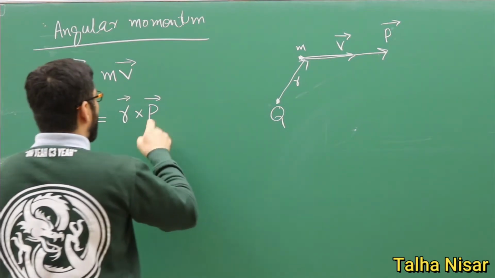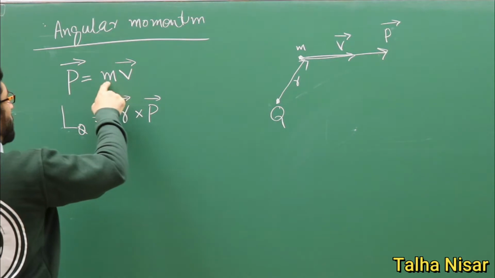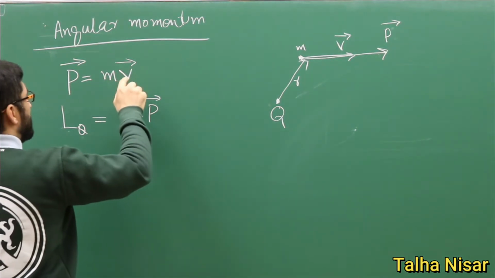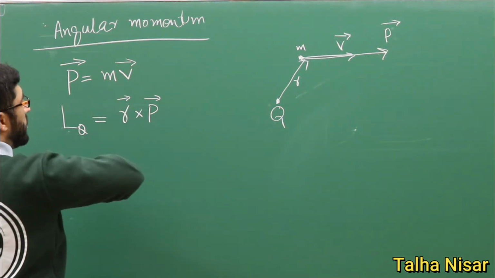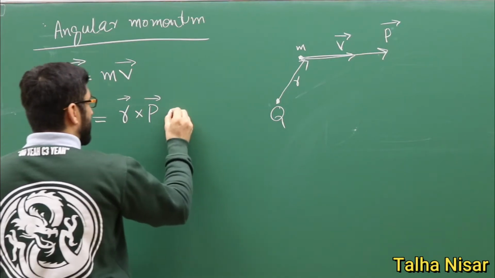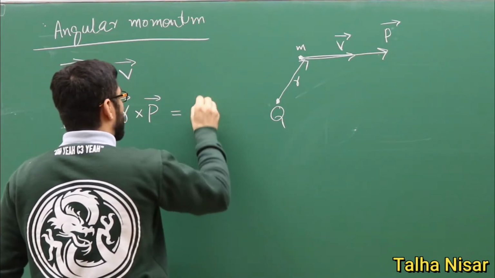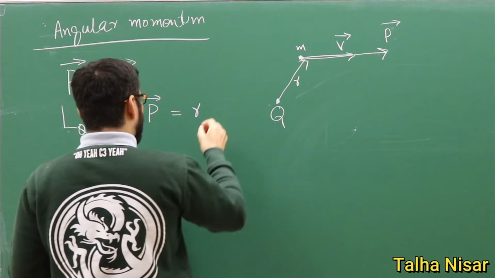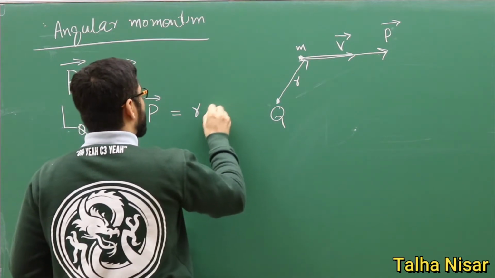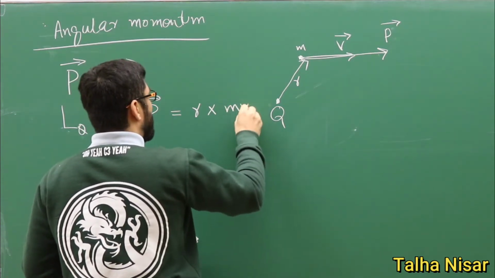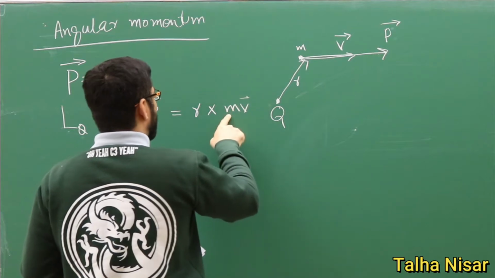We know that the linear momentum is equal to mass multiplied by velocity. So we can write this as R cross mv. But m is constant.